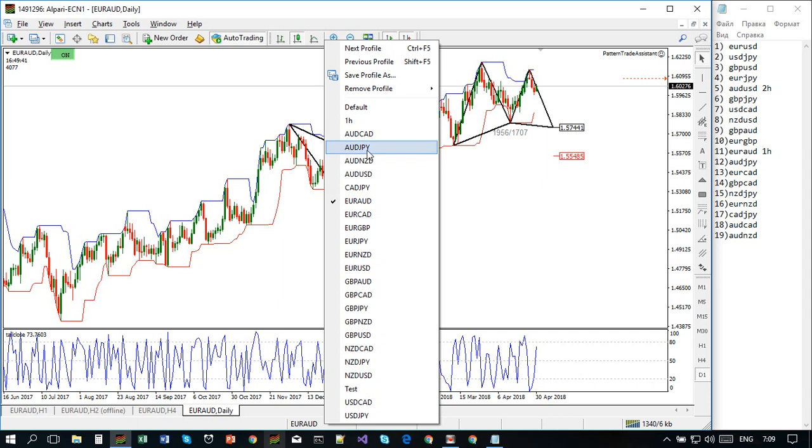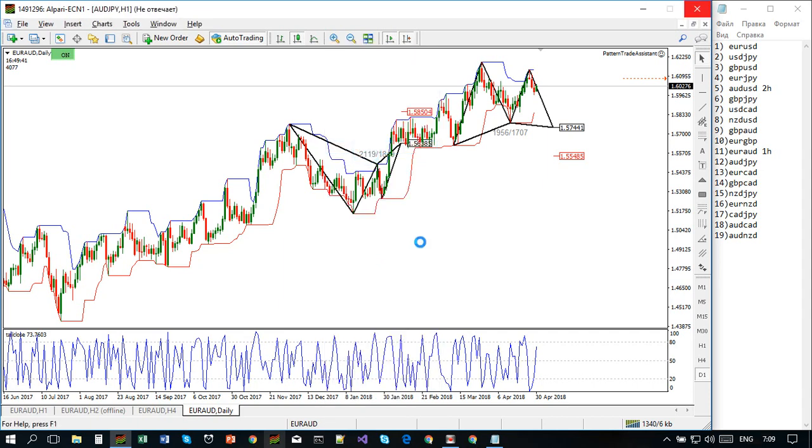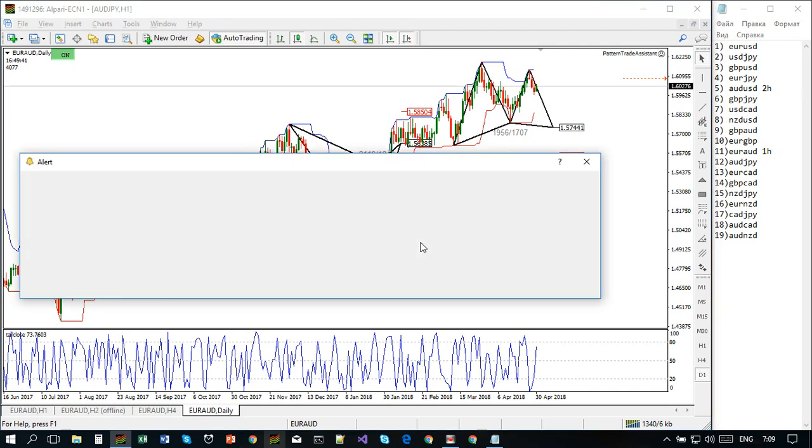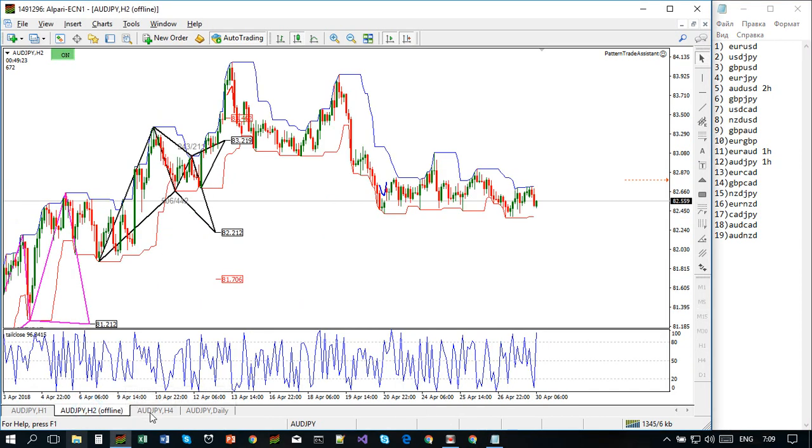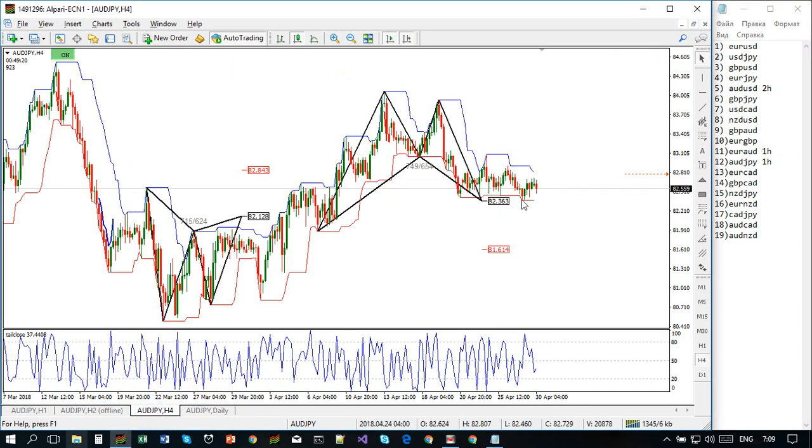Then Aussie yen. On 1 hour we have this unified Gartley. Then go to 2 hour, 4 hour. On 4 hour, this potential bullish unified Gartley.